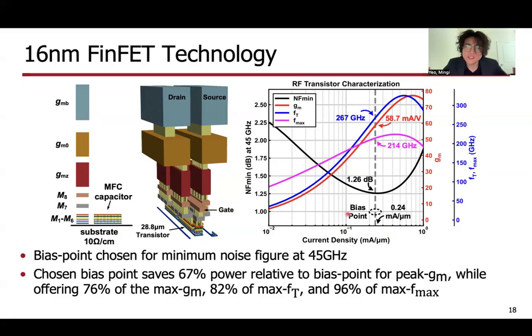We have decided to bias our transistor for minimum noise figure at 45 gigahertz, which is the center of our target bandwidth. This bias point saves 67% of power relative to working at a bias point optimized for peak GM, while providing 76% of maximum GM, 82% of maximum FT, and 96% of maximum Fmax.